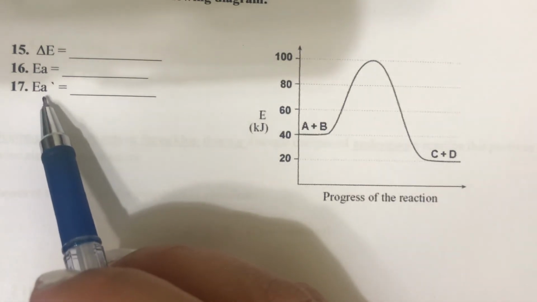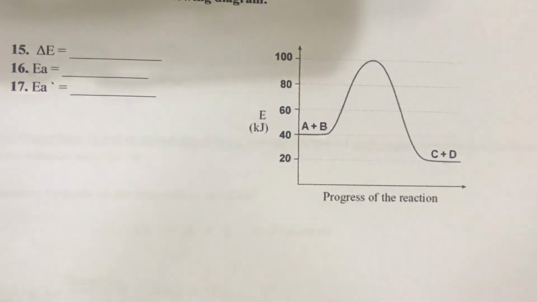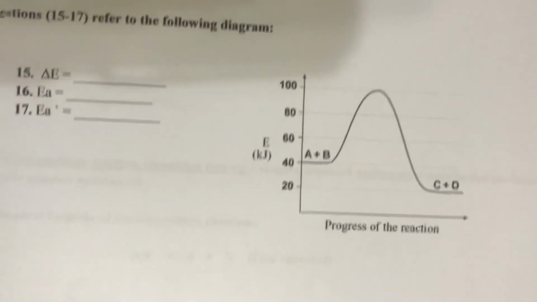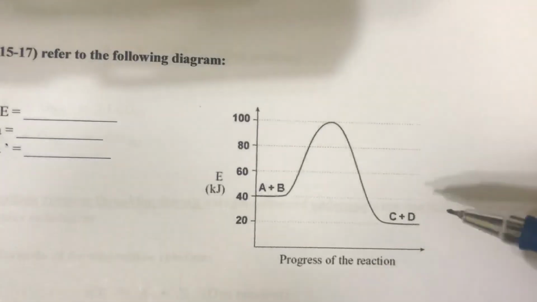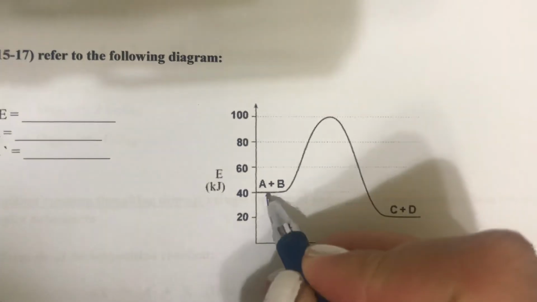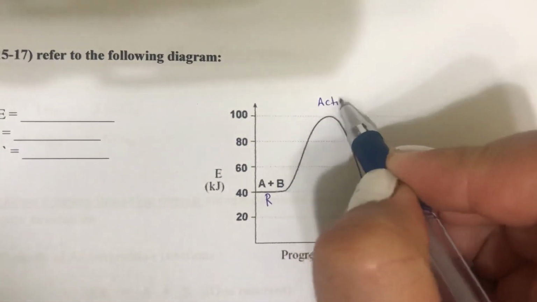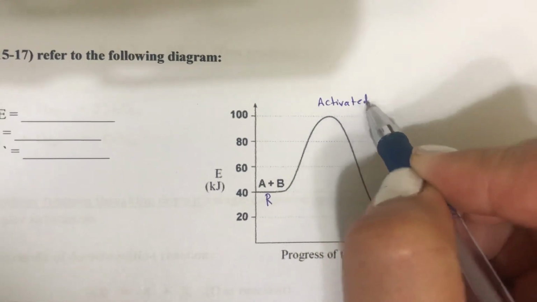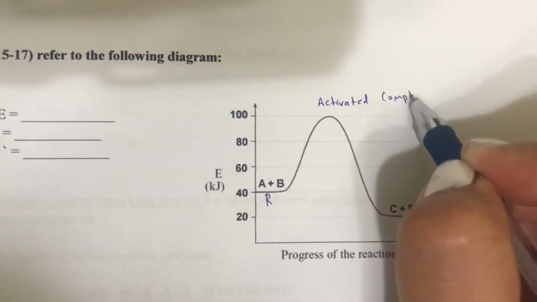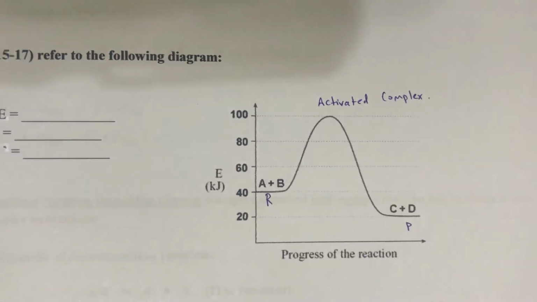It's the energy difference between products and activated complex. So here you have the energy diagram. Here the reactant, and here product, and here activated complex.